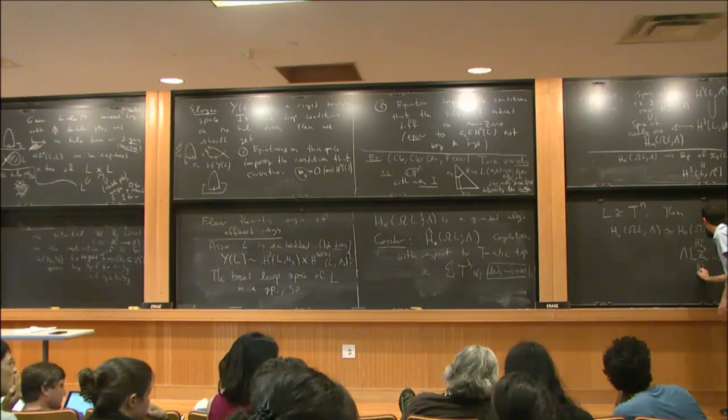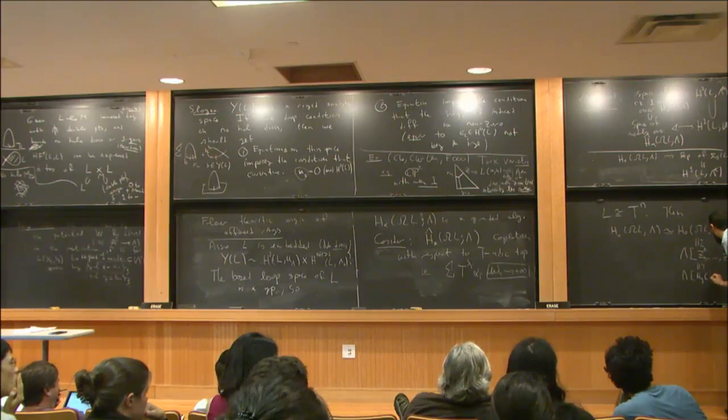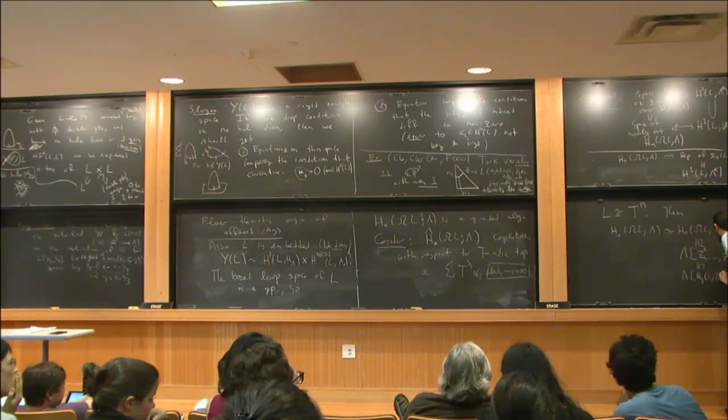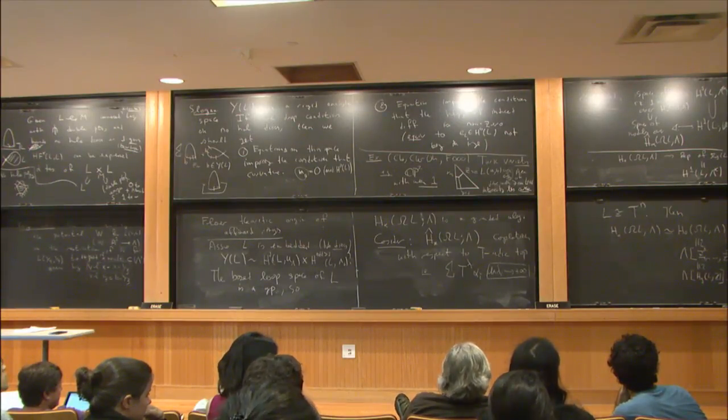You could just say that really this is the group algebra of the group, which is H_1 of L with coefficients in Z. That's literally what it is.